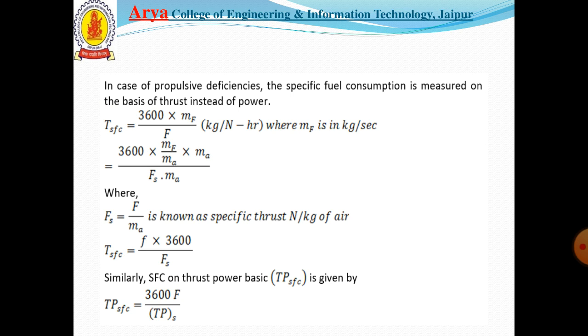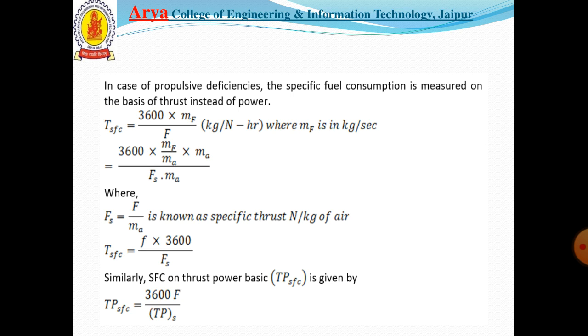Or we can say that TSFC equals 3600 into mf upon ma into ma upon F, where Fs equals F upon ma is known as the specific thrust, newton per kg of air. TSFC equals f into 3600 upon Fs.